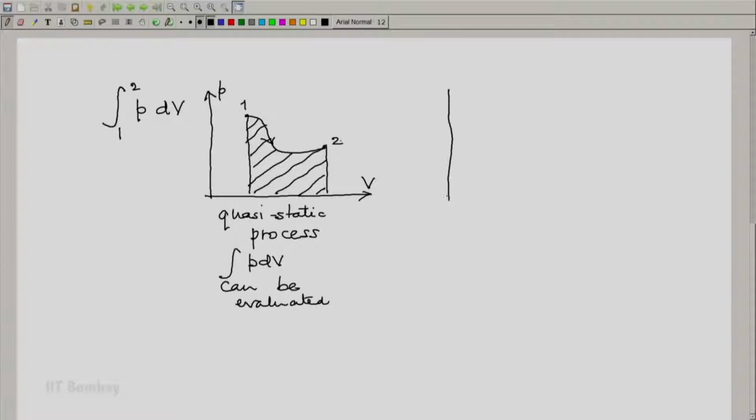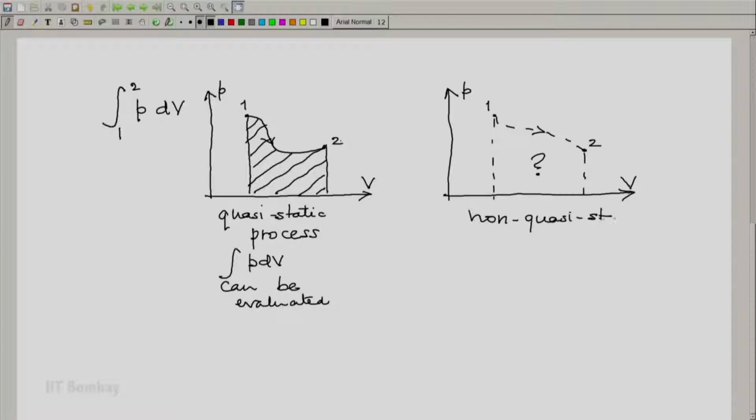But on the other hand, the system may execute a process from the initial state 1 to the final state 2 by some non-quasi-static means, in which case, since the intermediate states are not known to us, the area under the curve remains unevaluatable. So, this is a non-quasi-static process, and hence integral P dV cannot be evaluated.